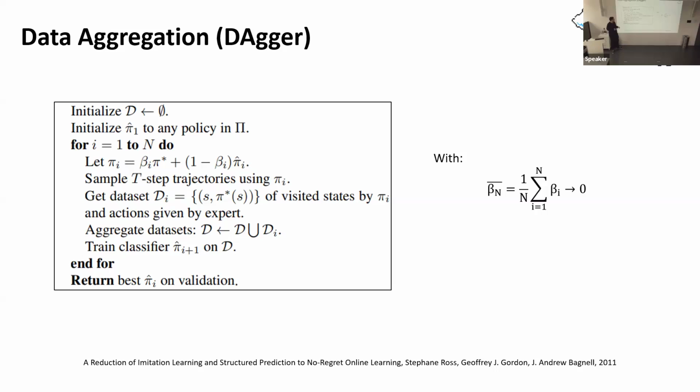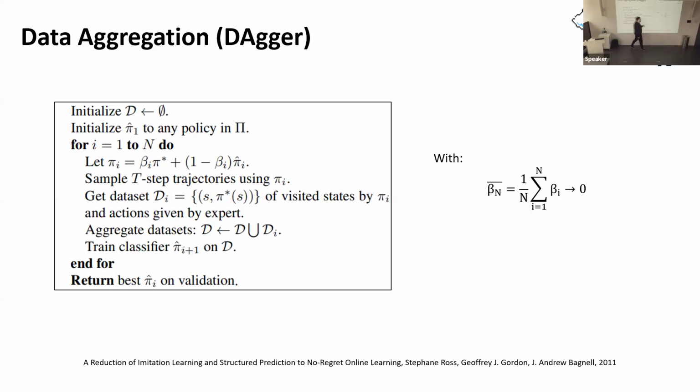We just drive through and through, and for every lap, there is a certain probability beta_i where with probability 1 minus beta_i we take the policy that we already learned, or with probability beta_i, we ask the expert, hey, what can I do? Then we sample the trajectory, so we drive a lap, save the data, and in the end, train the classifier on all the data we sampled so far.